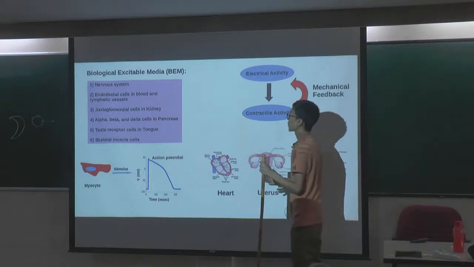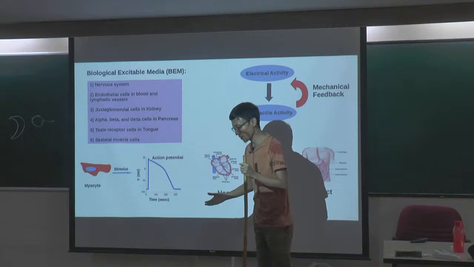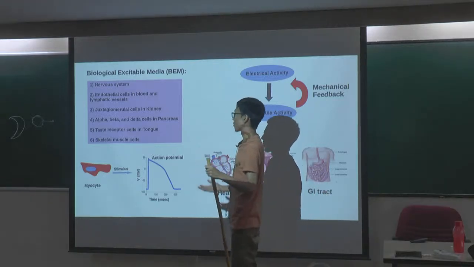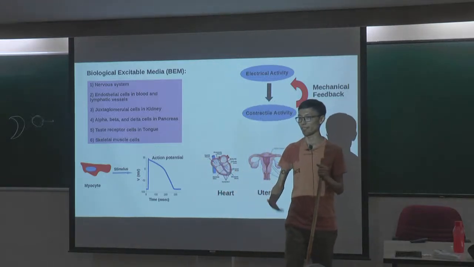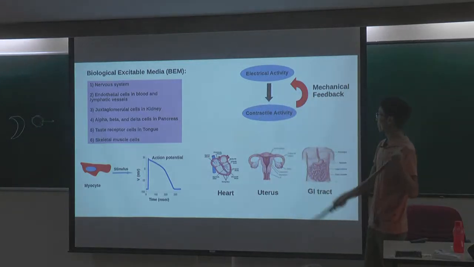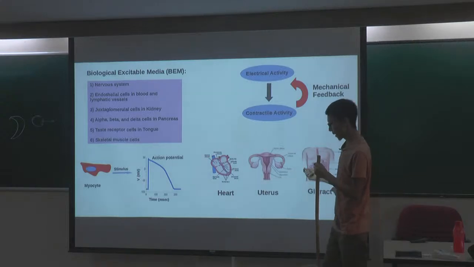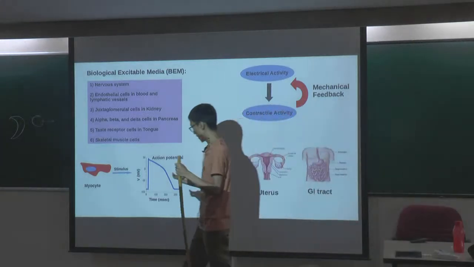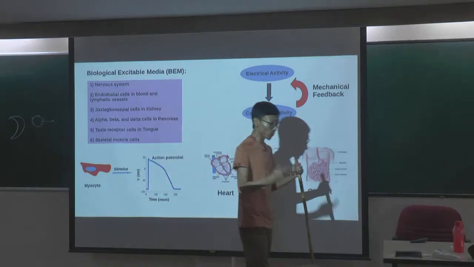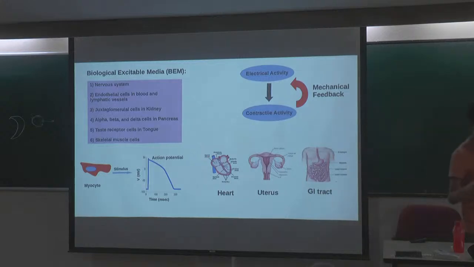So people mostly focus on the electrical dynamics, thinking that the mechanical activity is just a slave to the electrical activity. But it is known that there is a feedback from the contractile activity to the electrical activity. This mechanical feedback could play a crucial role in the dynamics of both electrical as well as mechanical activities. So today I'll just briefly discuss that.